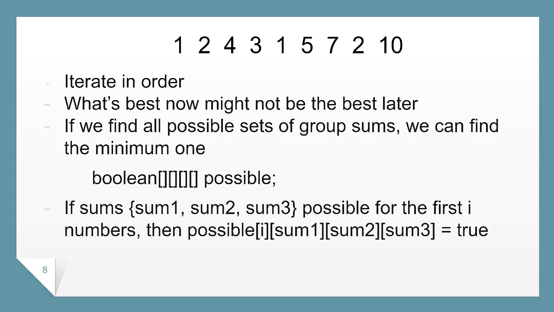And that kind of helps us make decisions going forward as to what situations can we then transition to, and how can that help us find the answer? So this is our definition of possible. If possible of I, sum 1, sum 2, sum 3 is possible, then the array value equals true.